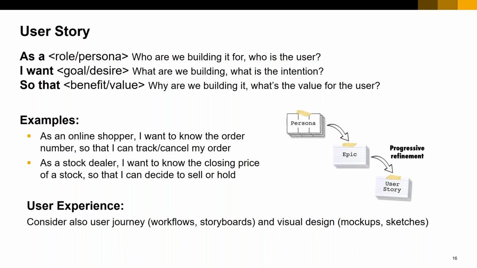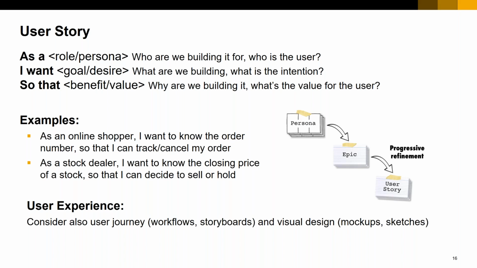If you see, ideally in software development, you would have done a business case, spoken to some of your users, interviewed some of them, and based on that, the first thing you would have got is a persona.